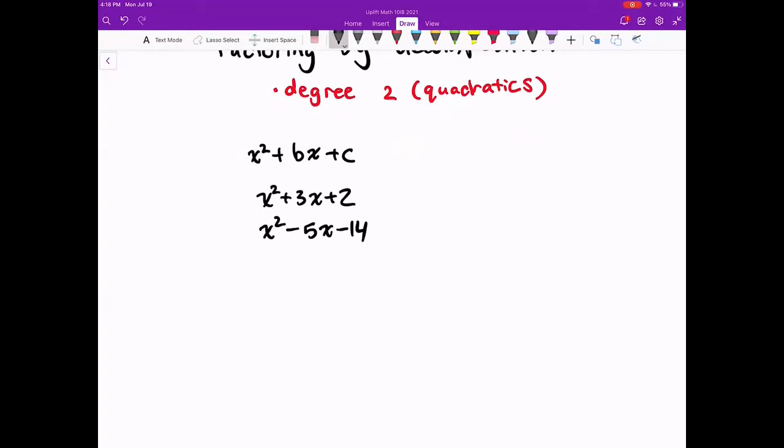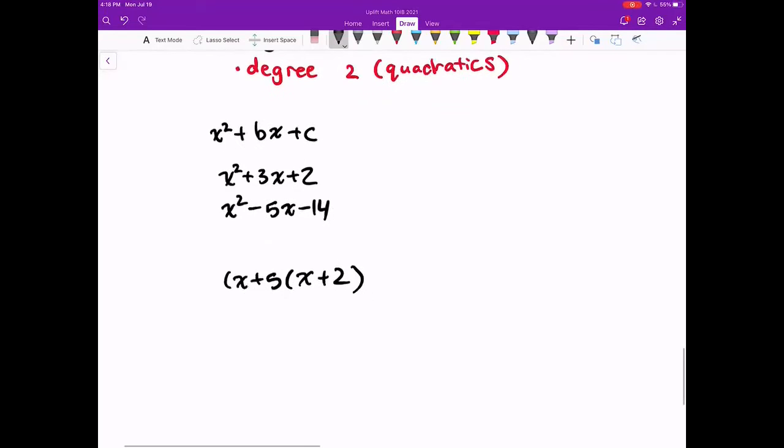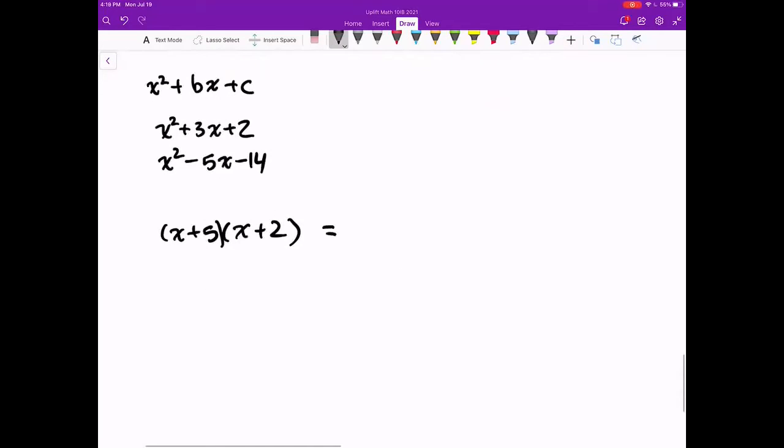So like x plus 5 times x plus 2 or something. Yeah, 2, I guess. So when we expand this, we'll just skip the FOIL method since I'm sure you guys all know it by now.